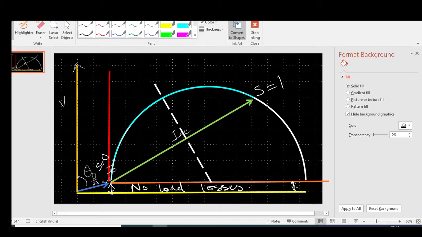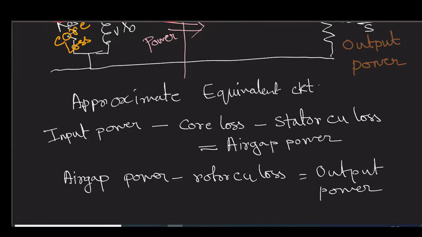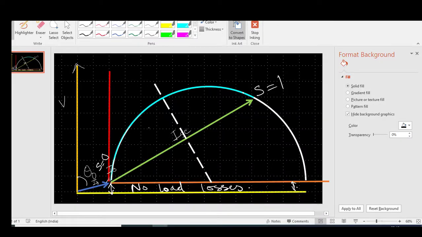If we observe this relation, what is the value of output power when S is equal to 1? Your output power is 0, right?